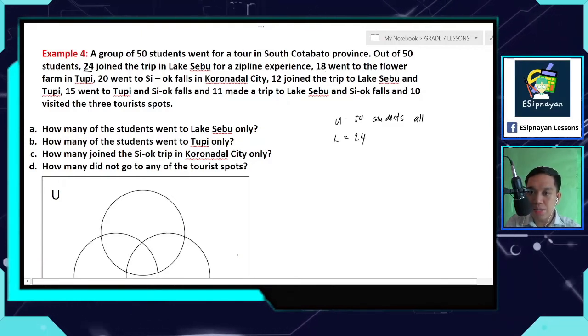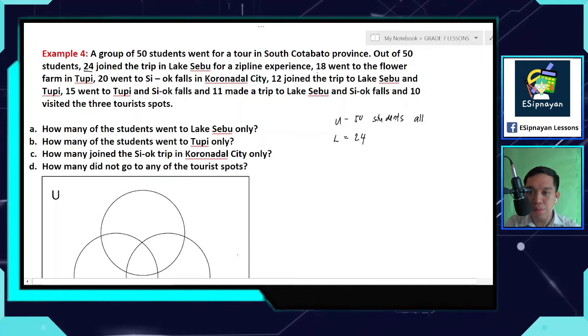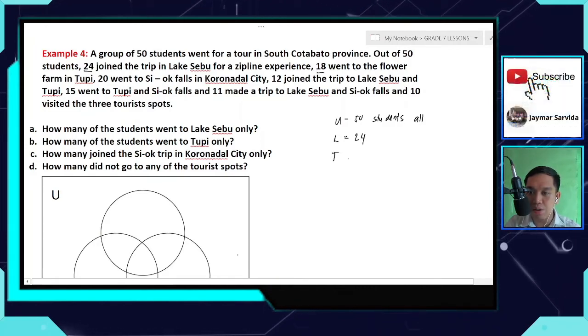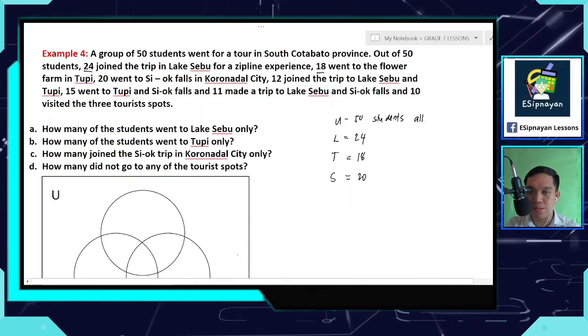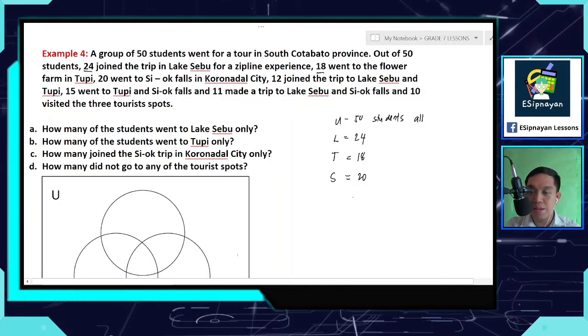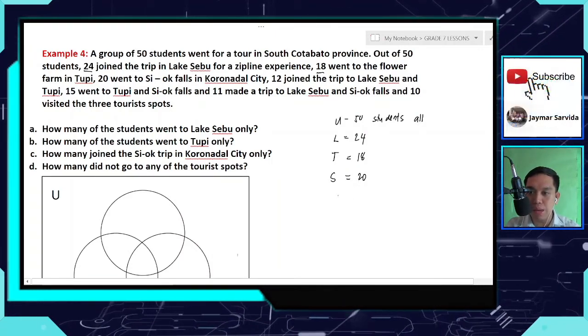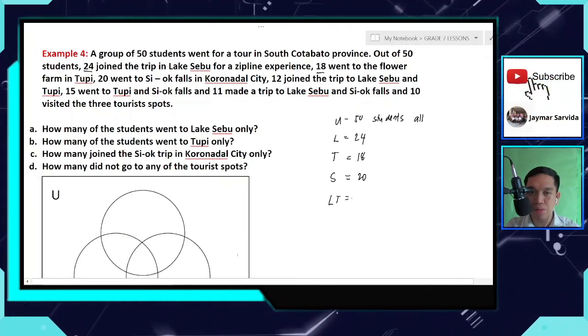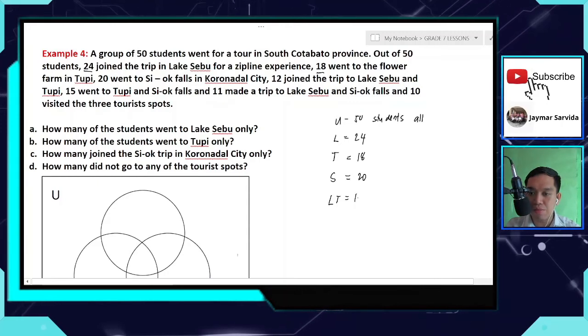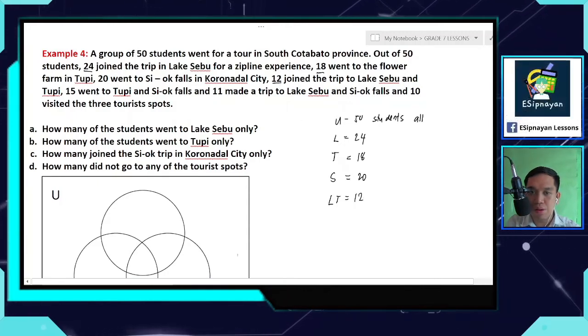And then, dito sa Flower Farm in Tupi, we have 18. So example, yung T or Tupi, we have 18 students went there. And to Siok Falls, let's say that is S. Okay, S, Siok. So we have 20 students went to Siok Falls. Then 12 joined to Lake Cebu and Tupi. So Lake Cebu and Tupi, LT, we have 12. Okay? And then to Tupi and Siok.